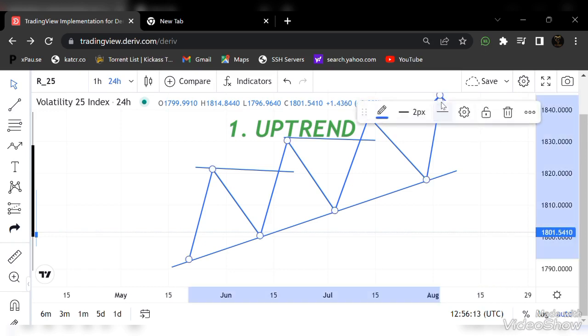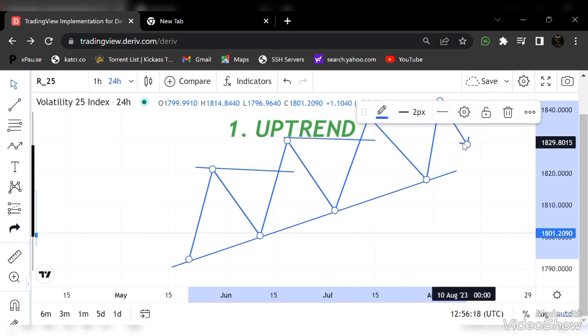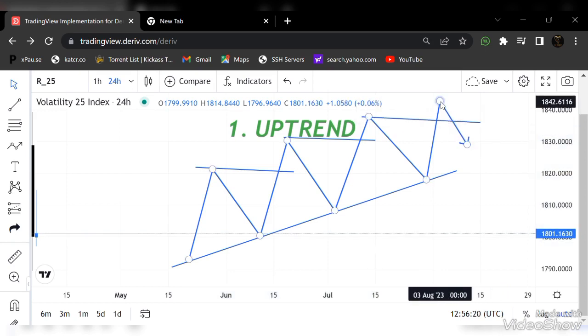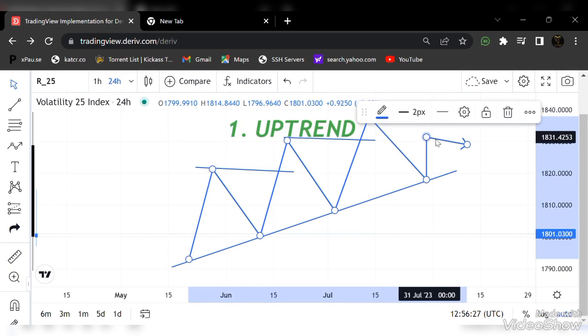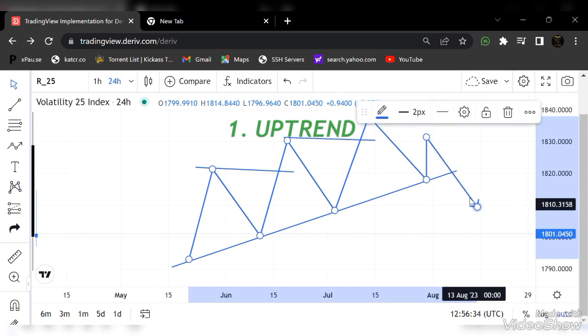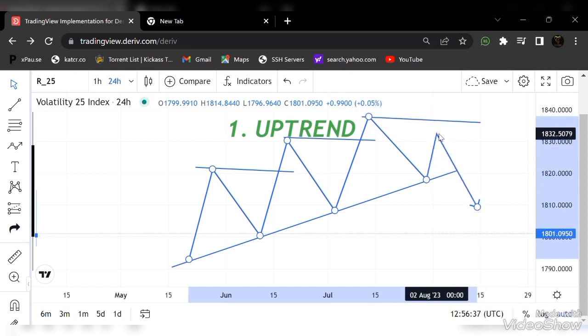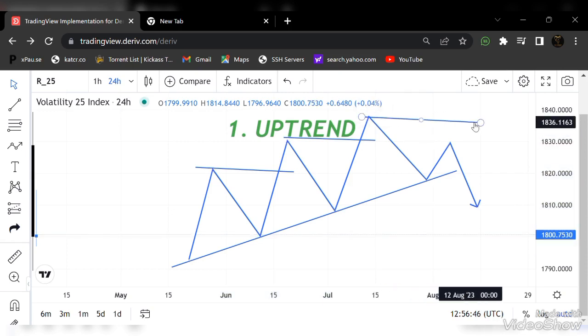However, the moment that the market fails to create a new high, it actually indicates a loss of momentum and a possible reversal. As you can see right here, the market failed to break the previous high.